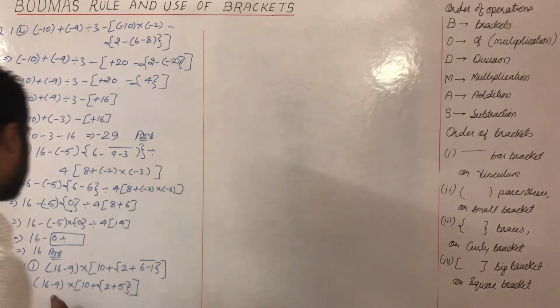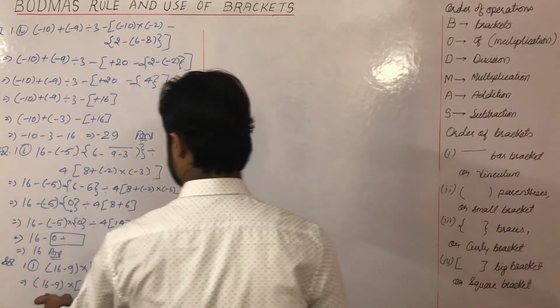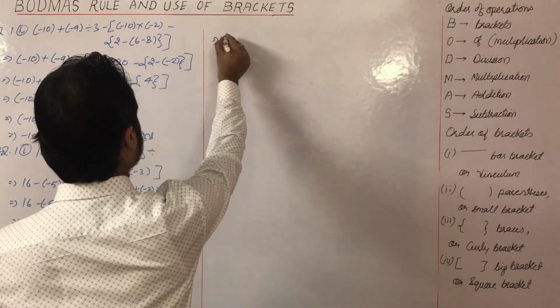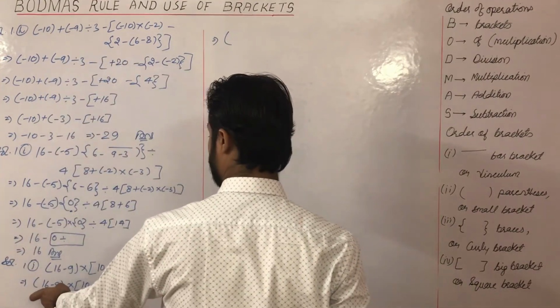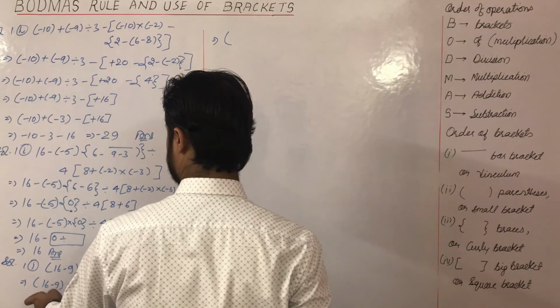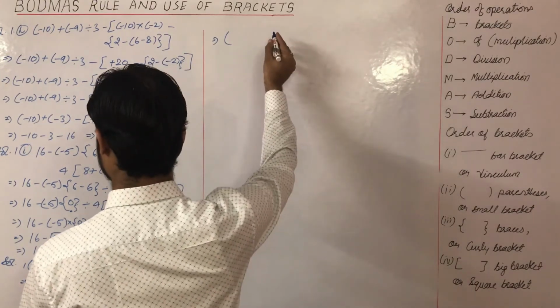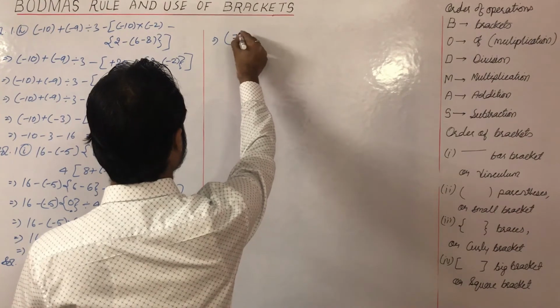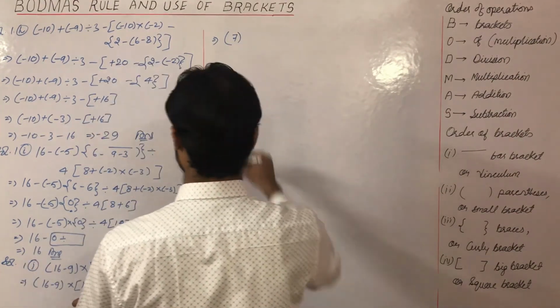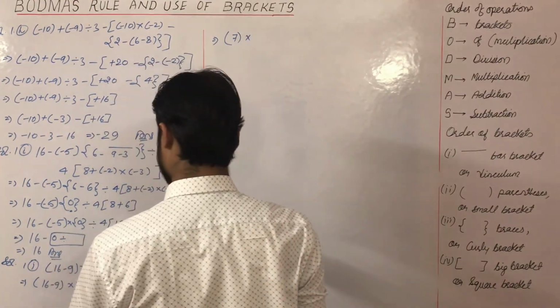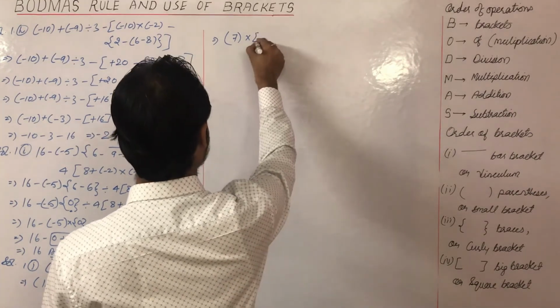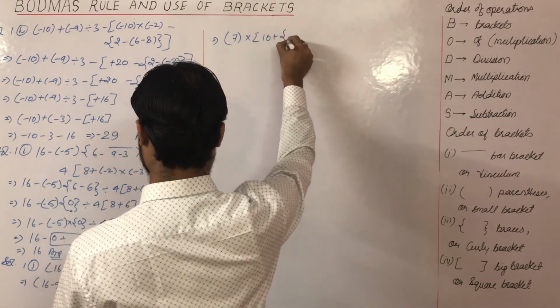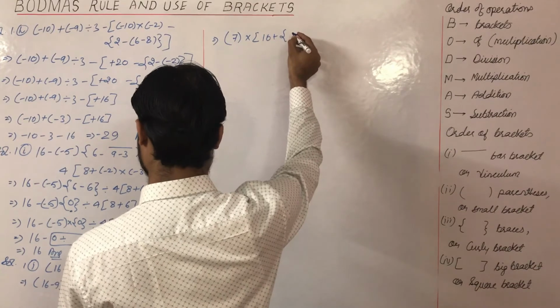In the next step, 16 minus 9 in the small bracket, so 16 minus 9 is 7, then multiplied by 10 plus inside the bracket 2 plus 5.